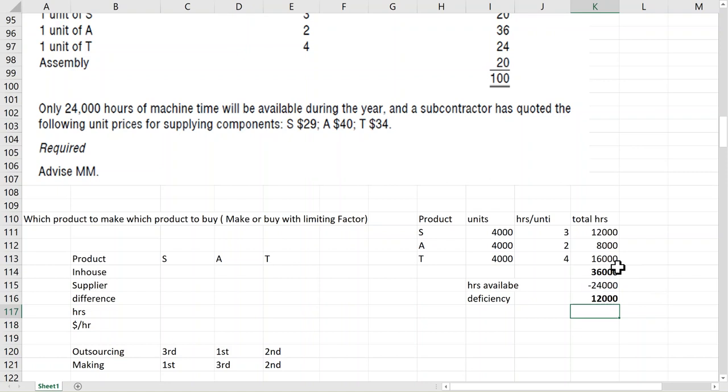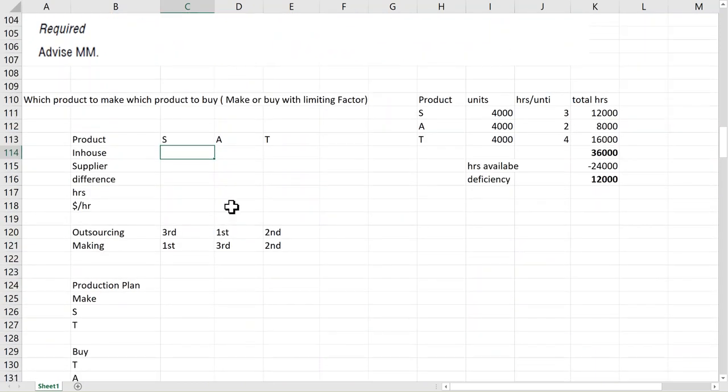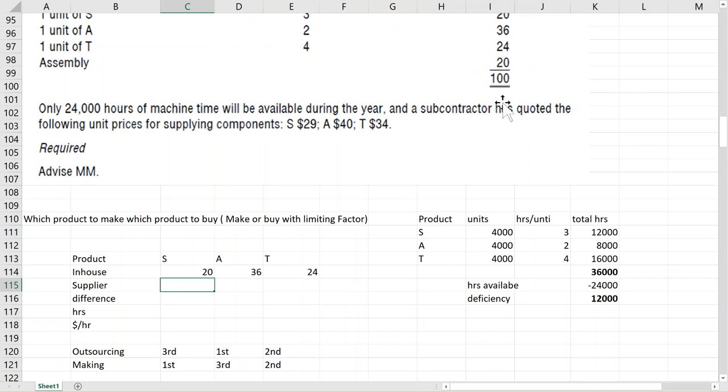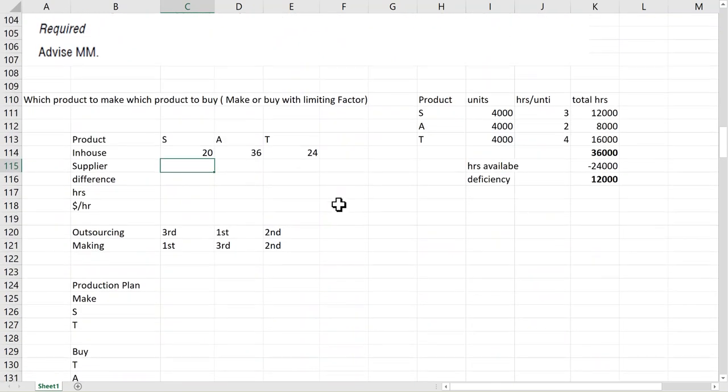So in the outsourcing decision, we look at the cost of the supplier and we look at our cost. So our cost is 20, 36, 24. And then this assembly 20, it didn't say which one it relates to, so I will ignore it.